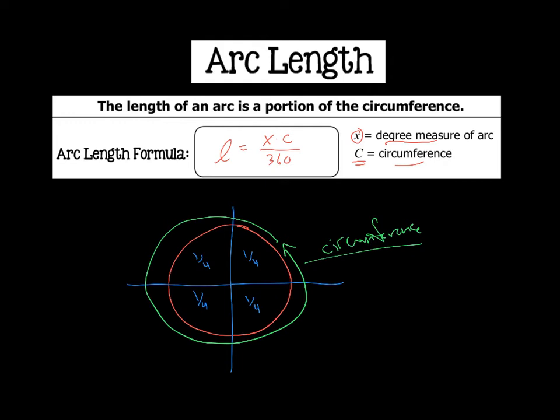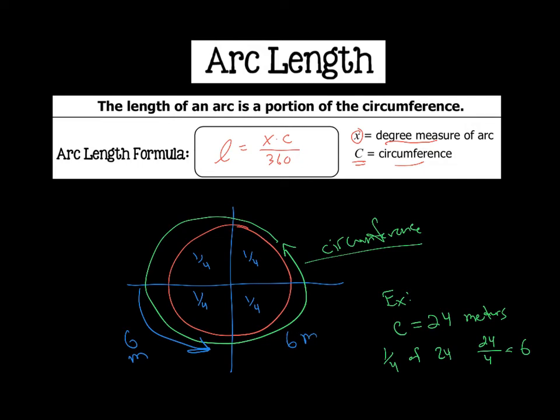Let's say the circumference was equal to, I don't know, 24 meters. Well, what's 1/4 of 24? Isn't that 24 divided by 4, which is equal to 6? So this piece right here is 6 meters.